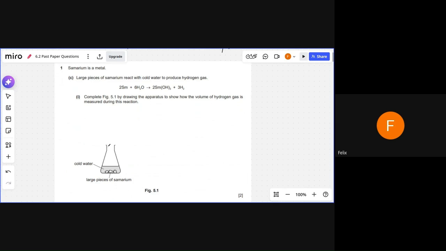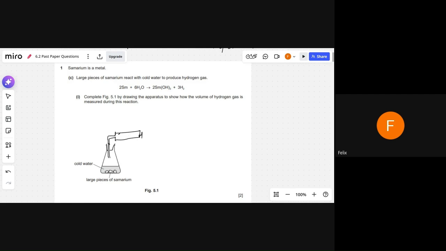So the first thing that you're going to do is seal this conical flask, so that the gas that is being produced should only go through to this gas syringe, right? So we put this glass tube, which will further be connected to the gas syringe. So this is how a gas syringe looks like.